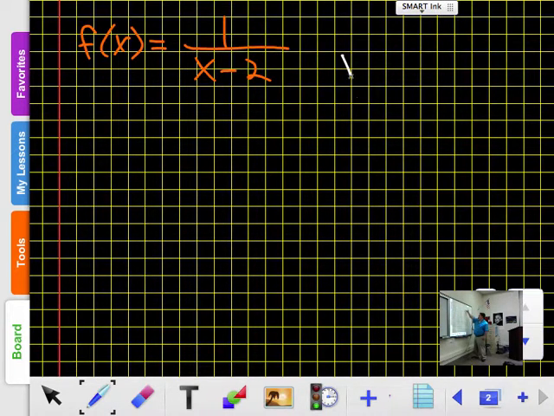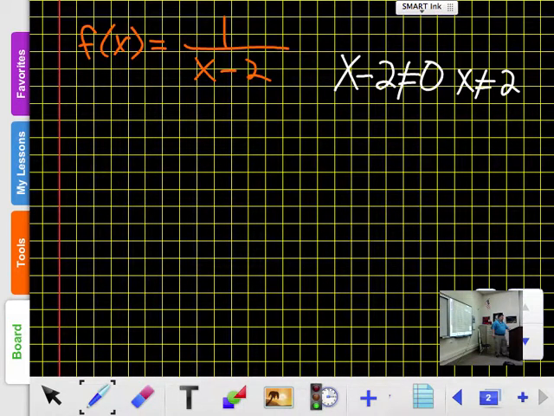All right, so we said that x minus 2 cannot equal 0. Well, that's also how we set our domain up. In other words, if I solve for x, I get x cannot equal 2. If I add 2 to both sides of that, it's not even an inequality, right?